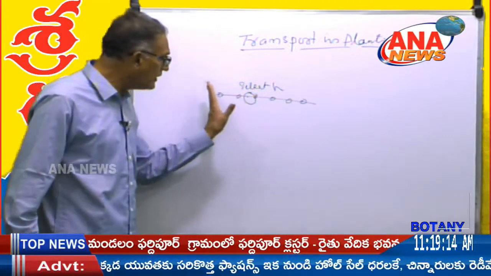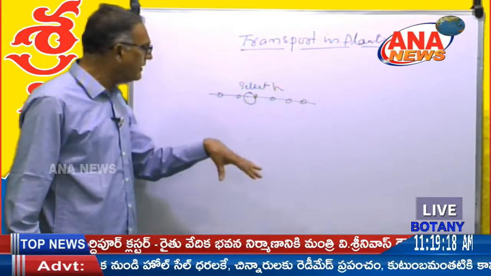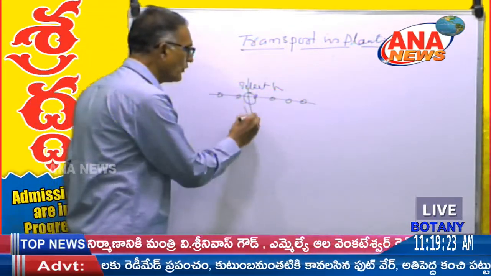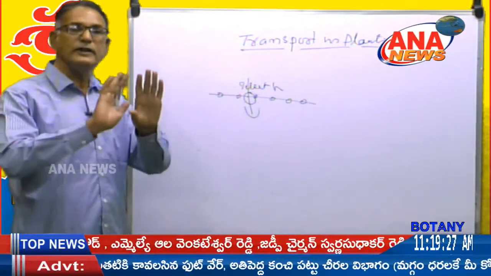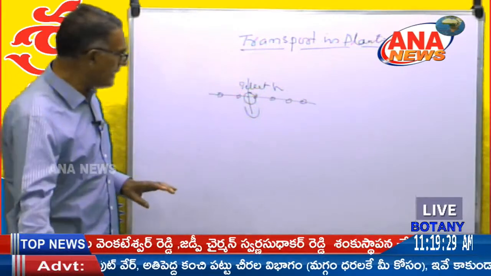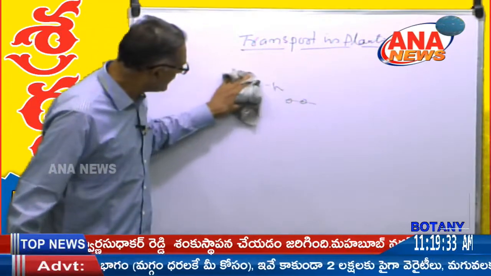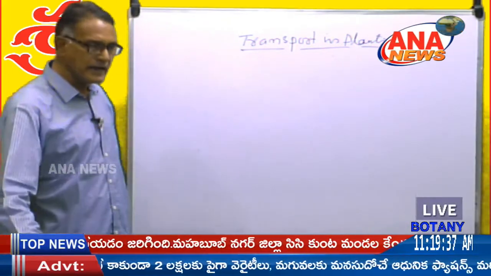When all the transmembrane proteins are engaged, then only it takes place by facilitated diffusion. Facilitated diffusion is also inhibited by some inhibitors.